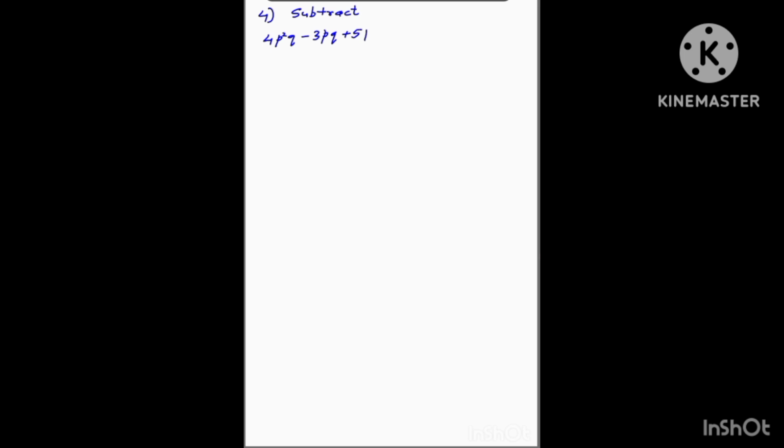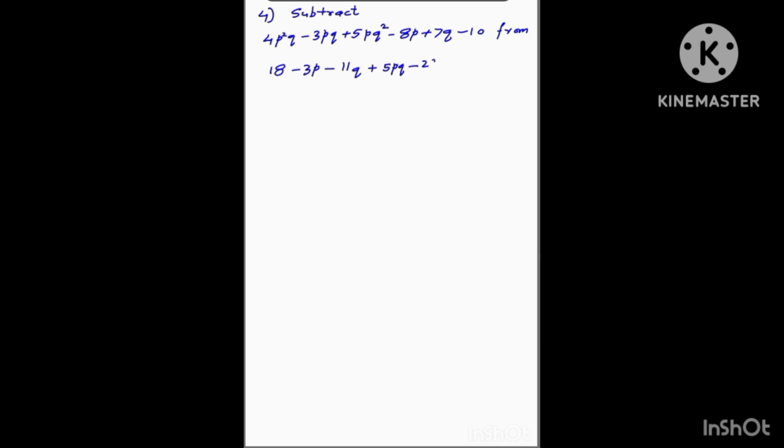So we read this problem: 4p square q minus 3pq plus 5pq square, so all three are different terms, minus 8p plus 7q minus 10. You have to subtract this from another polynomial. Here the constant 18 is given first, so these terms are not given in order. You need to put them in order. We will see what to do.